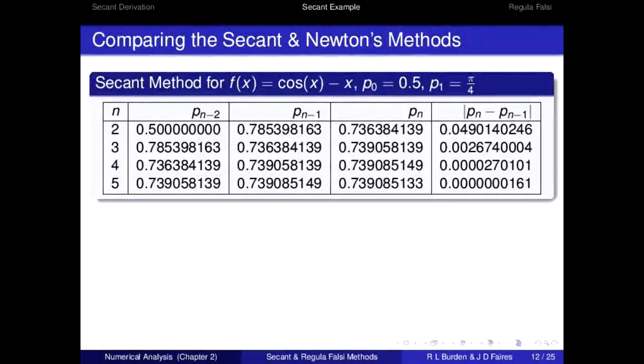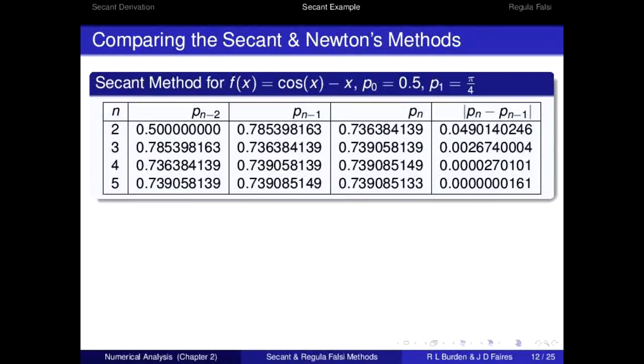If I apply the formula, P2 is equal to P1 minus f of P1 times (P1 minus P0), divided by f of P1 minus f of P0.